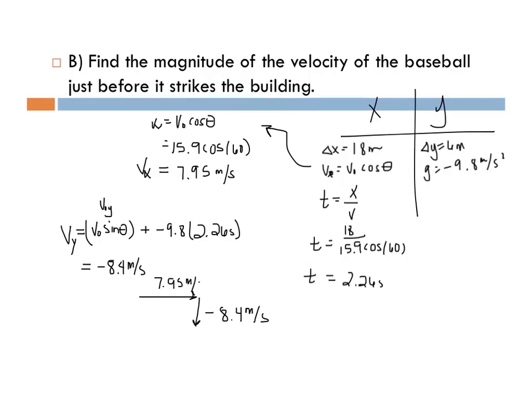So these are our components to our triangle, and what we want to solve for is the resultant. So for that, we simply use Pythagorean theorem. Vx squared plus Vy squared gives us 11.6 meters per second.